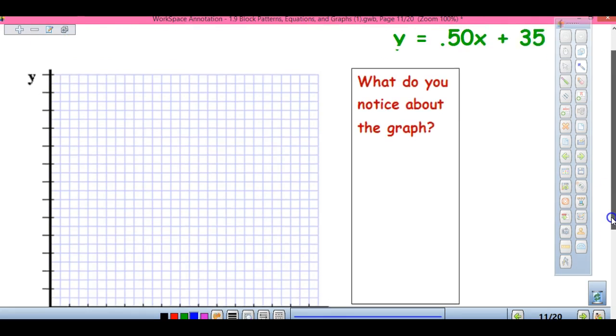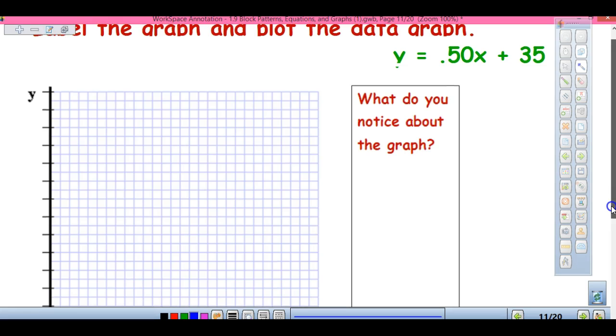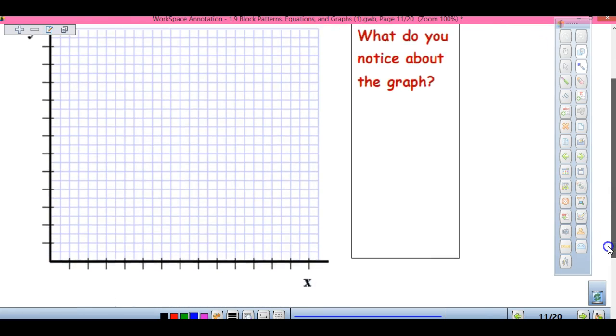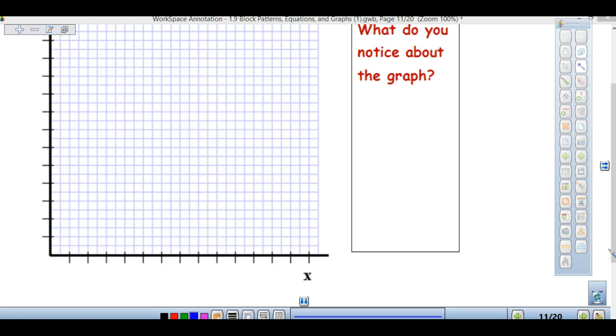Okay, so how are we going to go about graphing this? Okay, what do you want to put along the bottom? What did our table go up by? Tens, yep. So let's go 10, 20, 30, 40, 50, 60, 70, 80. Okay, what is our bottom standing for? Our miles or our dollars? Miles.